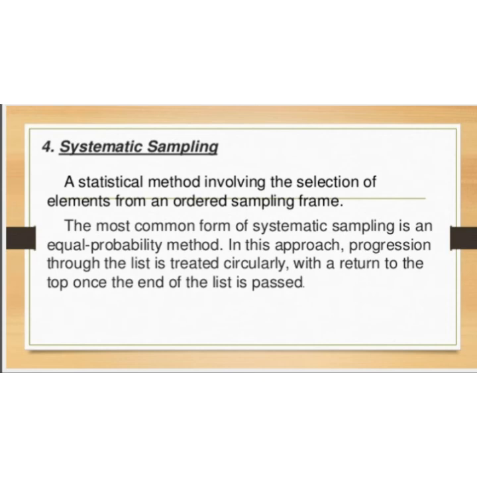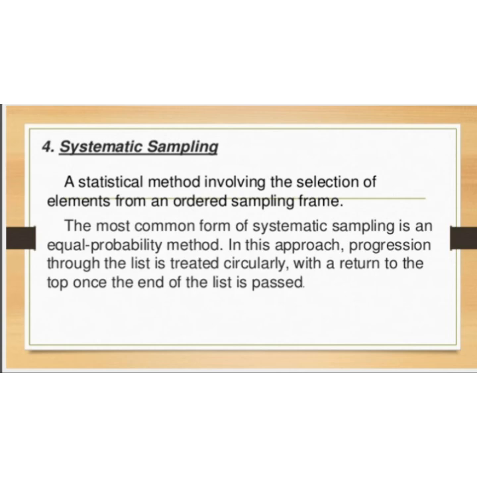Next, we will discuss systematic sampling. It's a statistical method involving the selection of elements from an ordered sampling frame. The most common form of systematic sampling is an equiprobability method.